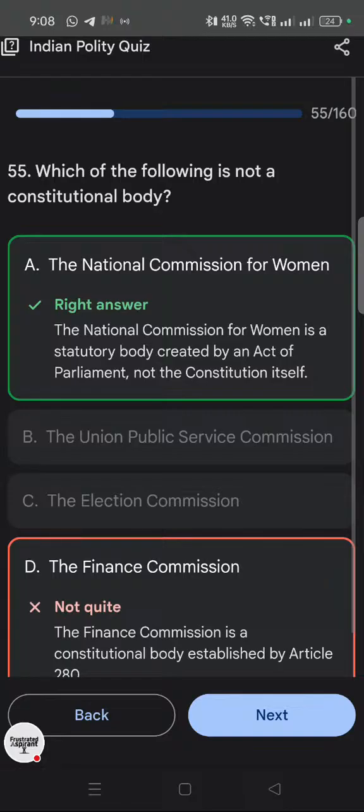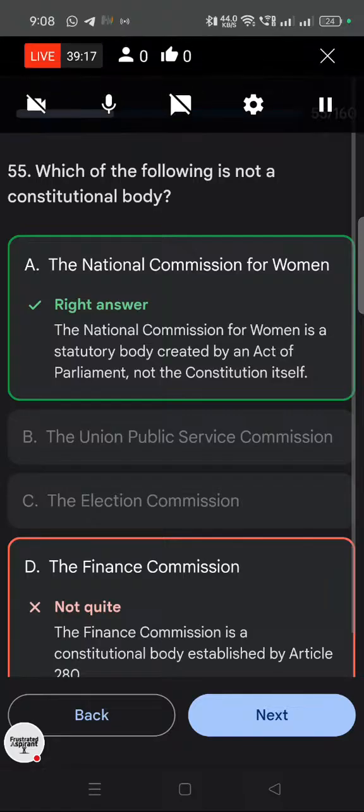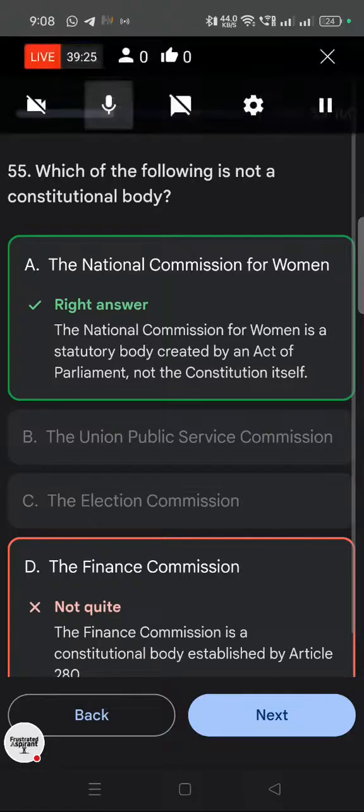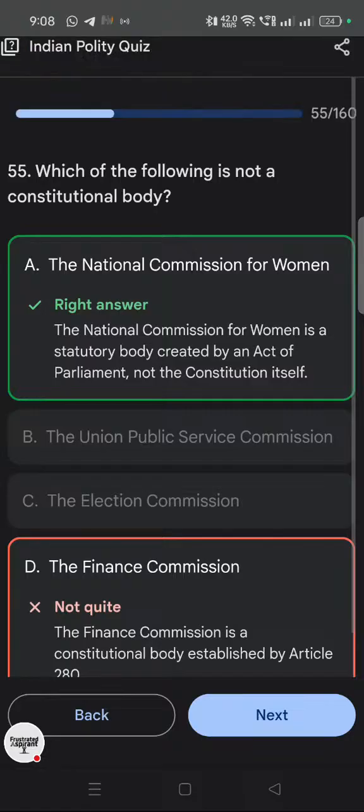Non-constitutional bodies: Lokpal, Lokayukta, NITI Aayog, CBI, NIA, NDMA.